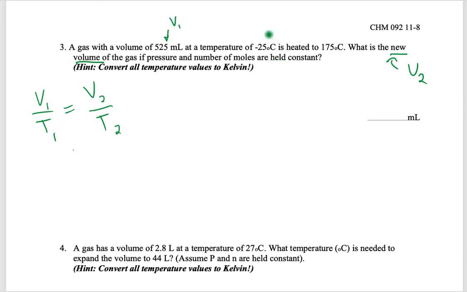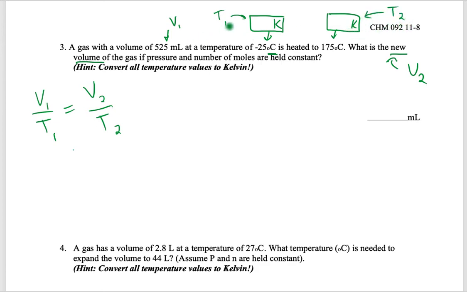So this is actually T1, but notice it's in Celsius. You need to convert it to Kelvin first, okay? And then this is going to be our T1. T2 is this one. Again, please convert it to Kelvin first, otherwise the calculation won't work here. And that's going to be T2.